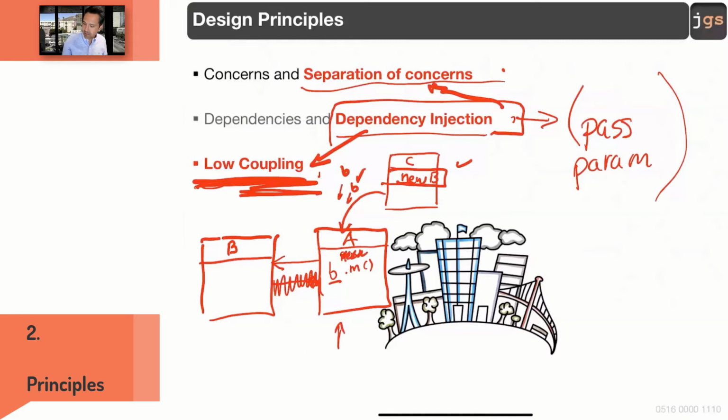Think about this. Imagine that A is a student, and imagine that B is a computer. And instead of having a student creating a computer with the new there, the computer is going to be created in another place, and the computer is going to be passed as a parameter to student.